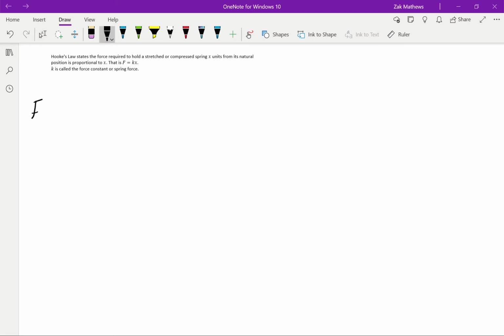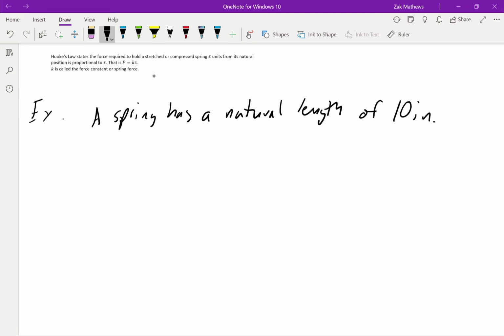So here, an example. A spring has a natural length of 10 inches. And what we mean here by natural length and natural position is if you were not putting any force on that spring. If that spring was just sitting in a room, not being manipulated in any way, what would it look like?